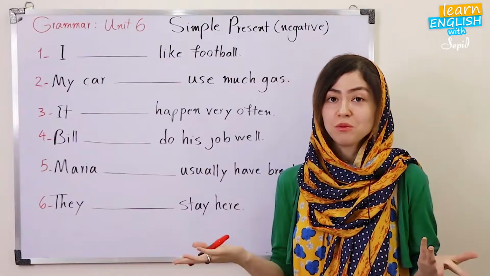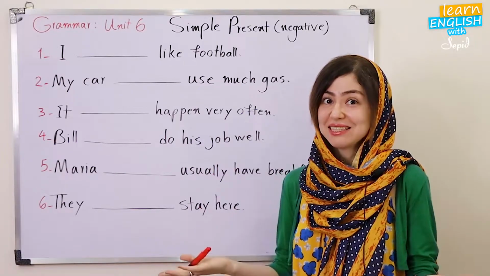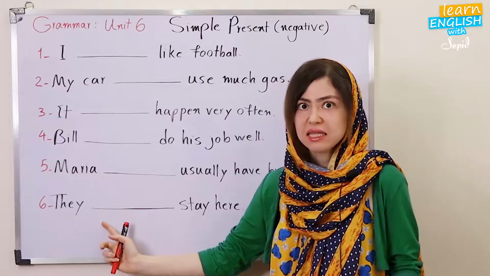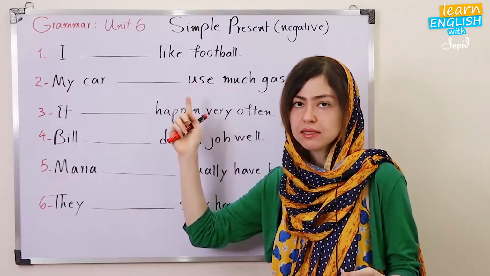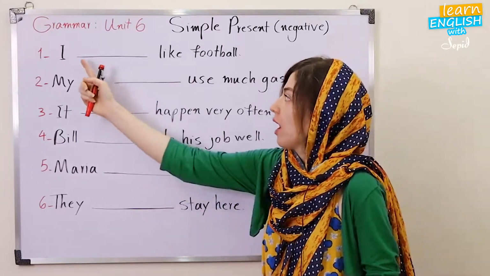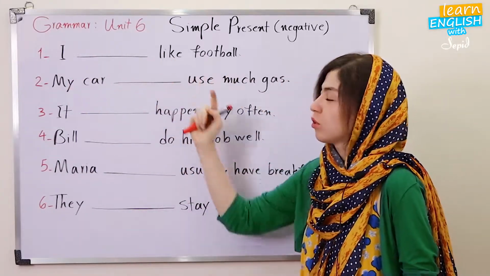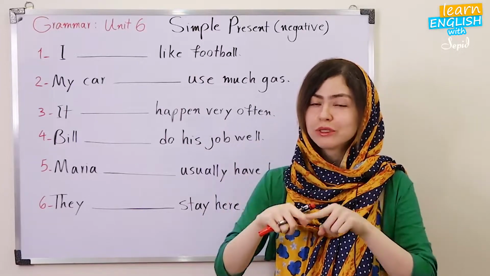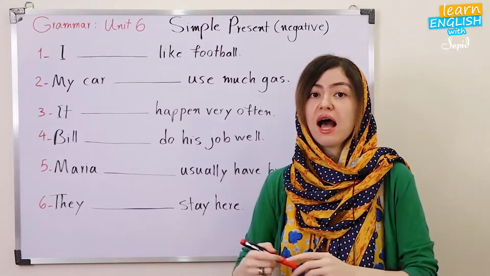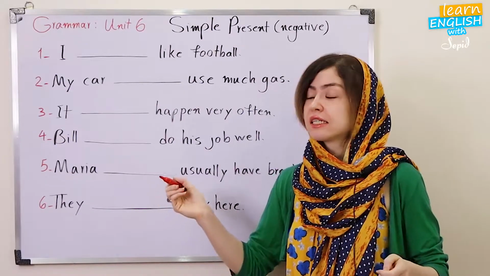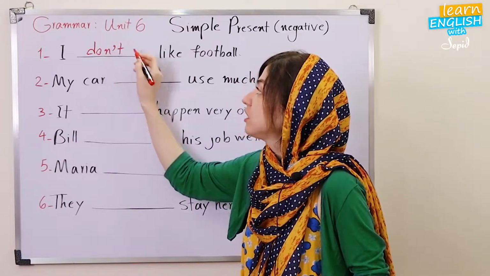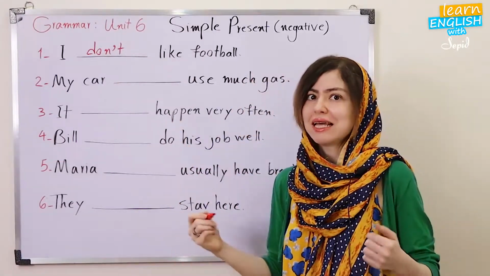Now it's time to practice. Let's get started. Okay, we are gonna make negative simple present tense sentences, okay? So let's go. I like football. But if it is negative, okay, so we say I don't, okay? Remember, we need don't or doesn't.